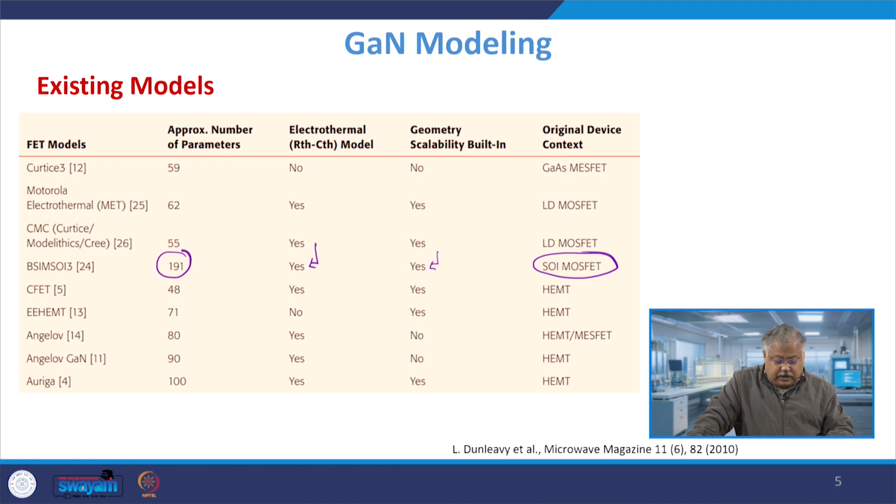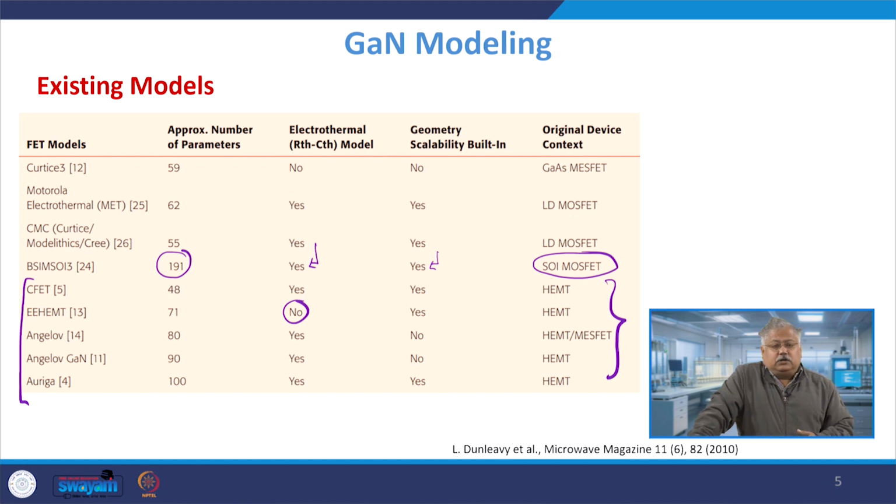However, if you go for HEMT, Angelov GaN and Auriga, these four or five, they are all explicitly for HEMTs. But some of them unfortunately do not, for example, do a full electrothermal model.